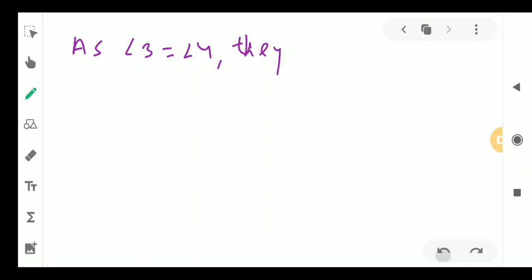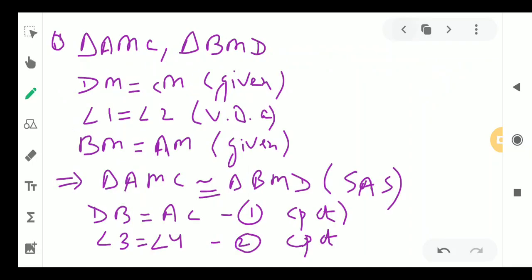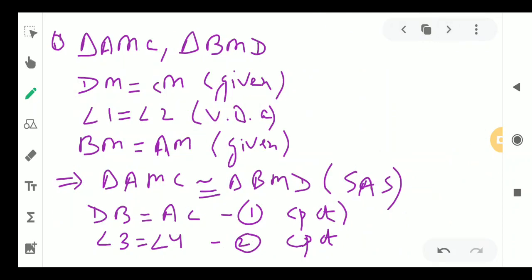Let me write it properly. They are making a pair of alternate angles. So this implies our DB is parallel to AC.